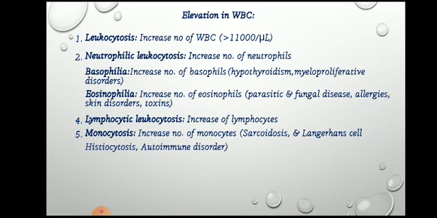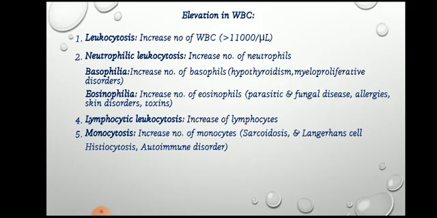Monocytosis is an increased number of monocytes in the blood, due to diseases like sarcoidosis, Langerhans cell histiocytosis, or autoimmune disorders.